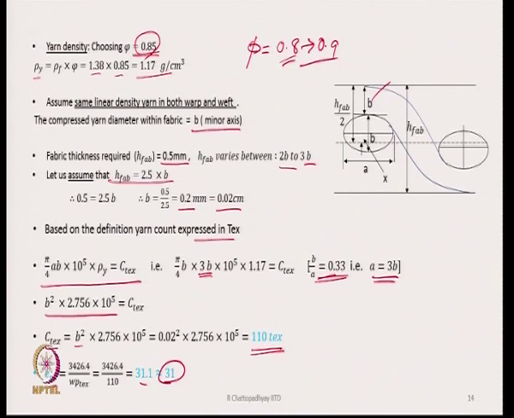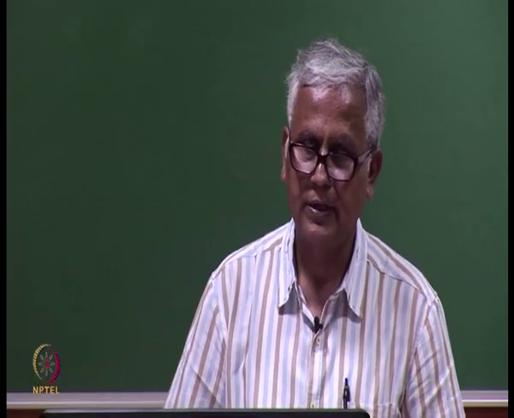So, if you compare this yarn tex and the ends per inch with the previous method, they are very close to each other. So, either we follow this method or that method, we end up with a count which is very close to each other, and this is true for fabrics made from filament yarns, that too from low twisted filament yarns.